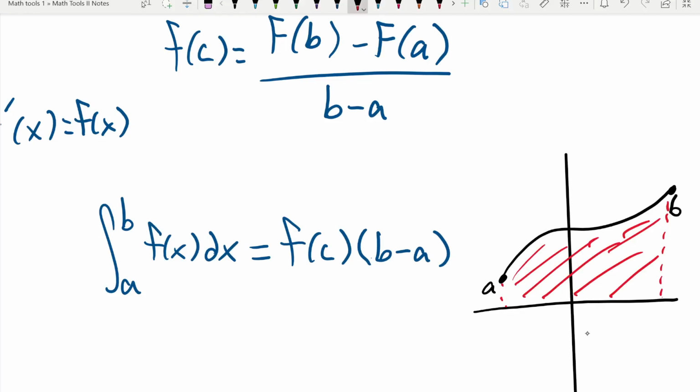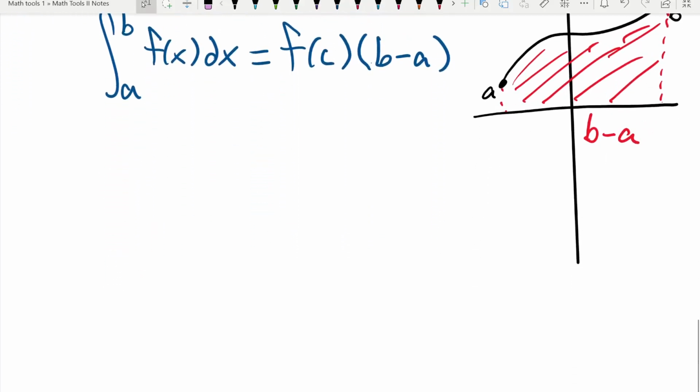The bottom of this would be b minus a, the length of it. And then we're saying that there's some output of f that we can multiply this by that will actually give us that area. So it suggests that if we were able to find that number, we wouldn't even need to integrate in the first place. We could just do a regular old length times width. But of course that's not feasible, because we need to know the integral in order to find this number. But it gives us a better geometric interpretation of what's going on here.